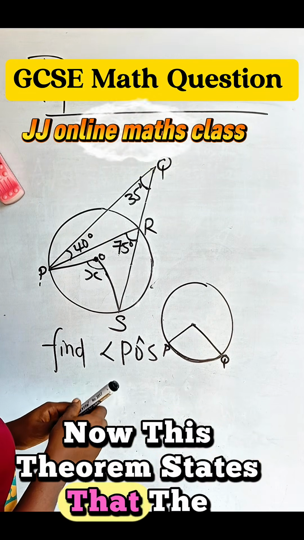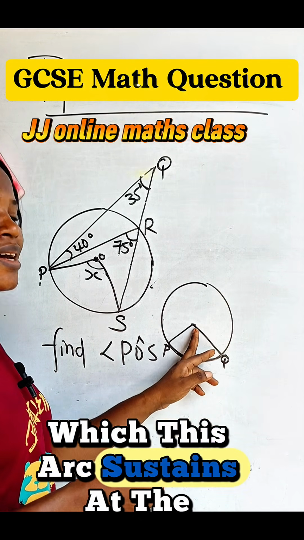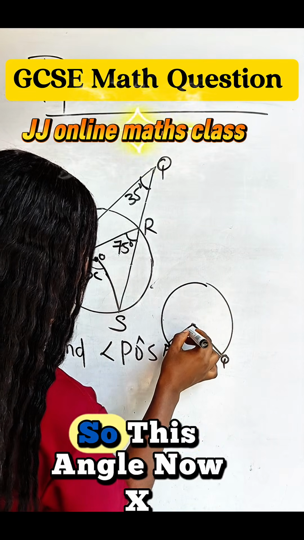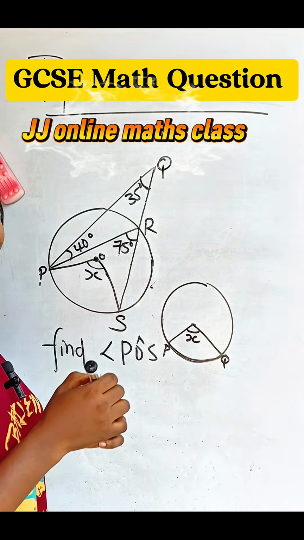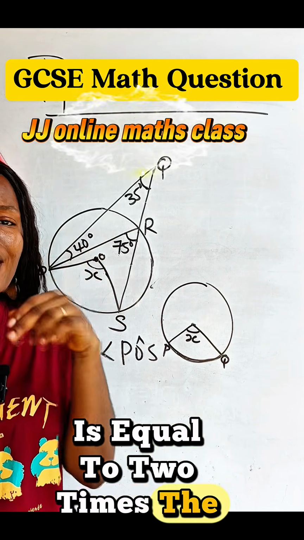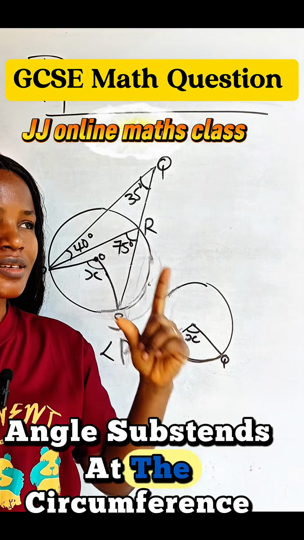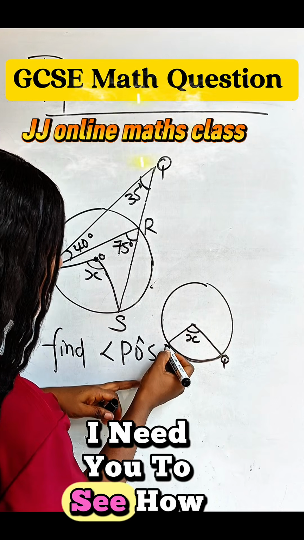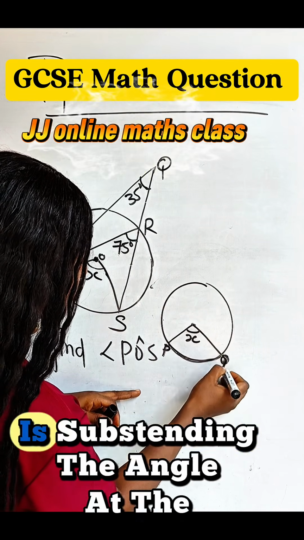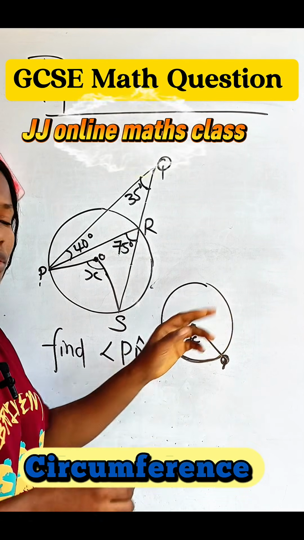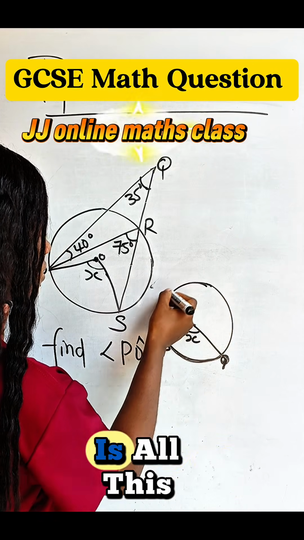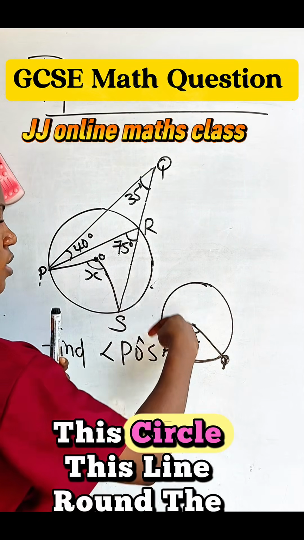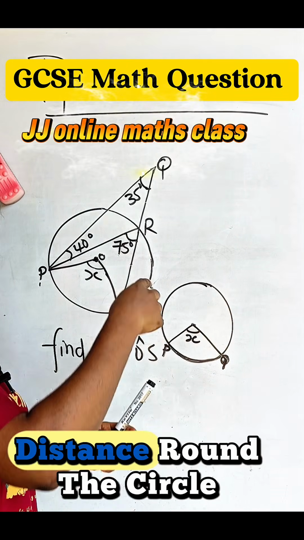Now, this theorem states that the angle which this arc subtends at the center of the circle, so this angle X, is equal to 2 times the angle it subtends at the circumference. Now, this is where the students get it wrong. How do I know that this PQ is subtending the angle at the circumference? The circumference of the circle is the line round the circle, the distance around the circle.